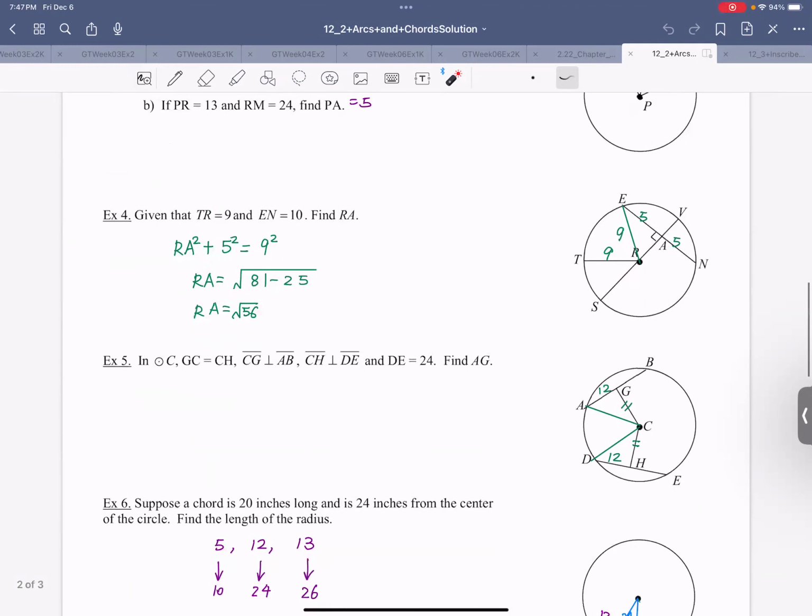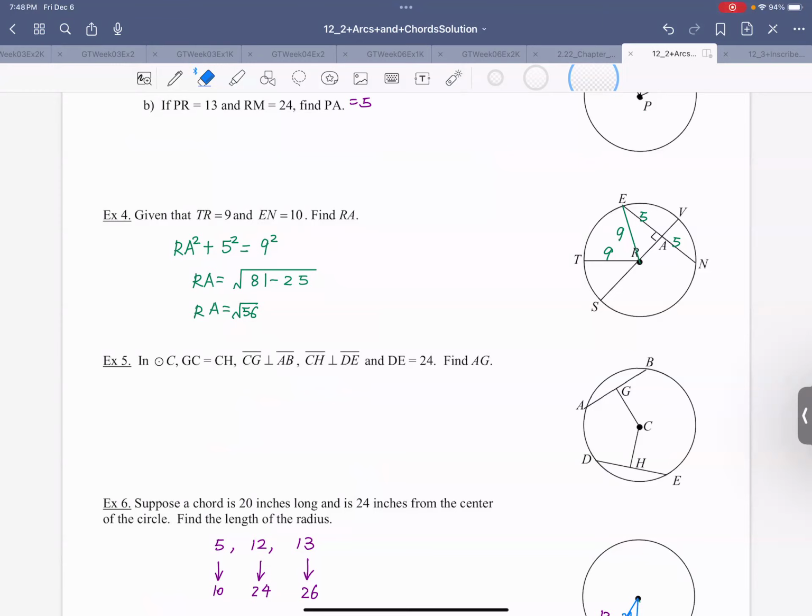Next one, example 5. Look at this. Let me call Mia. Number 5. How do you solve number 5? We know that GC and CH are equal. Yes, keep going.